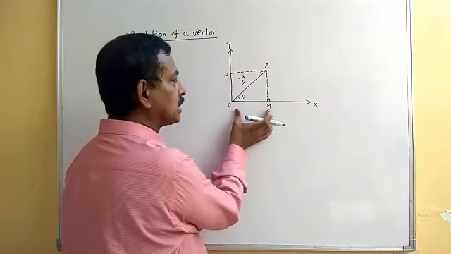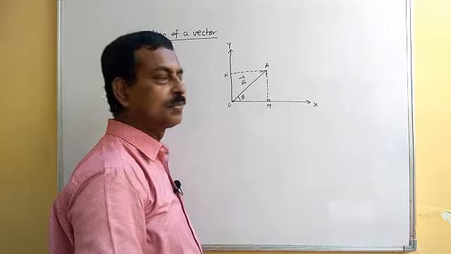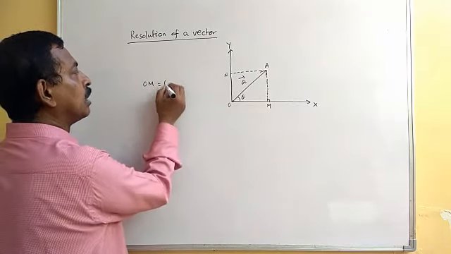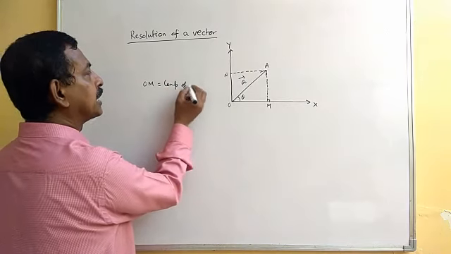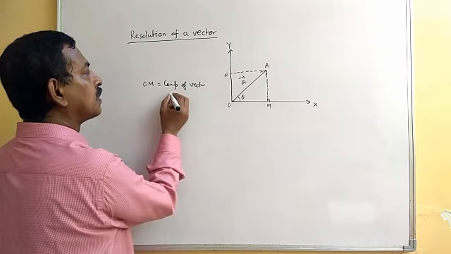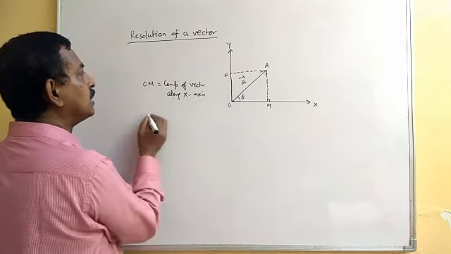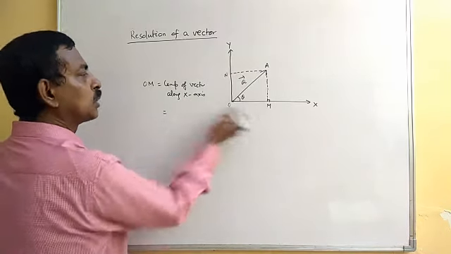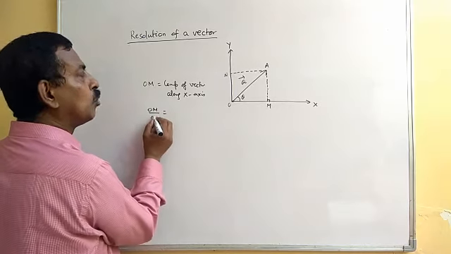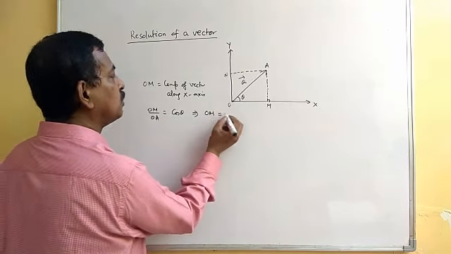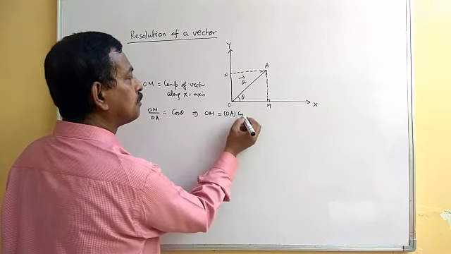This is basically the component of the vector along the X axis. So OM is the component of the vector along the X axis. And how much will it be? You can see that OM by OA will be cos theta, that is, OM will be OA cos theta.